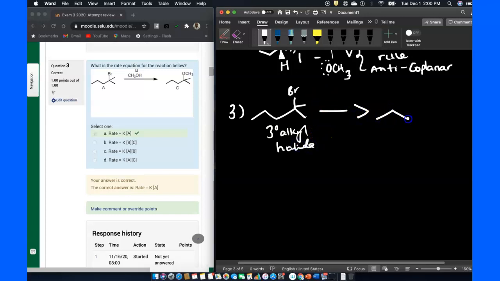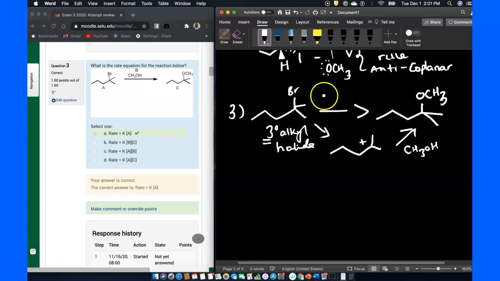And I see this reaction is substitution, so it is either SN2 or SN1. Since this is tertiary, it's not likely to give you SN2. Instead, it's going to do SN1 going through a carbocation. And then, of course, the methanol will attack and be deprotonated to give you the product.